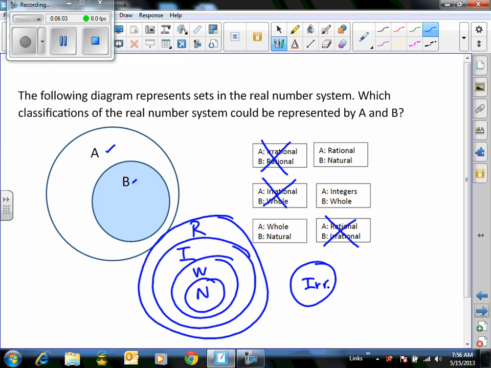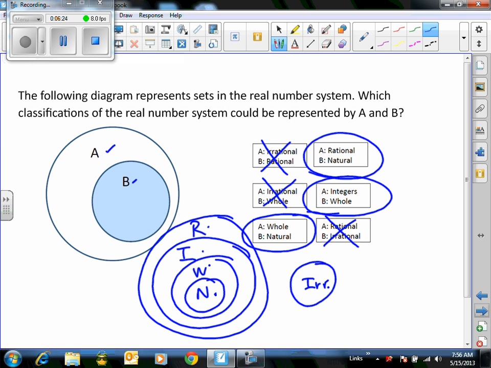Whole numbers contain natural numbers. That would be correct. Rational numbers, do they contain natural numbers? Absolutely. Integers, do they contain whole numbers? Absolutely. So you have three correct choices.